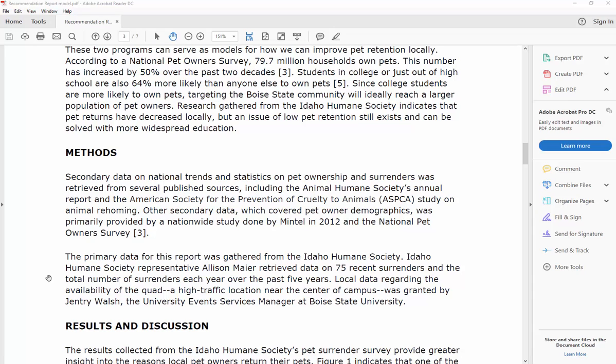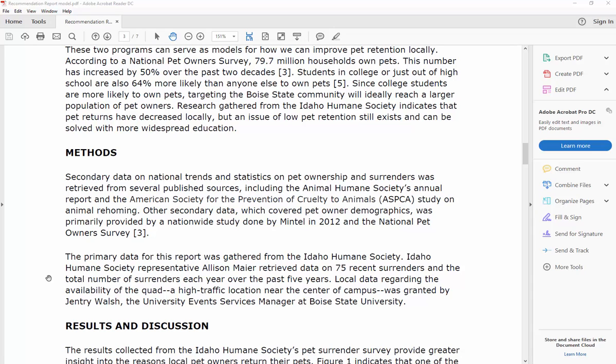This section is usually in the past tense because it reflects on what you did in the past. And it's also usually in passive voice. So you want to avoid saying "we collected data," instead saying something like "primary data was gathered by interviewing through a survey," and so on and so forth.